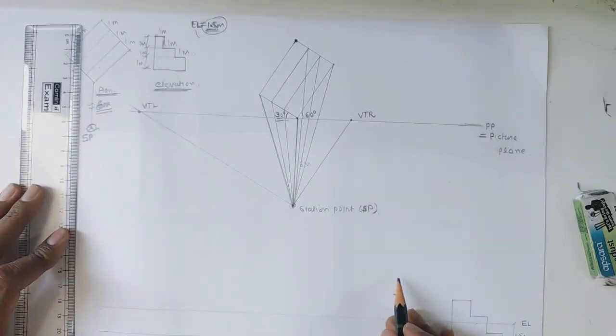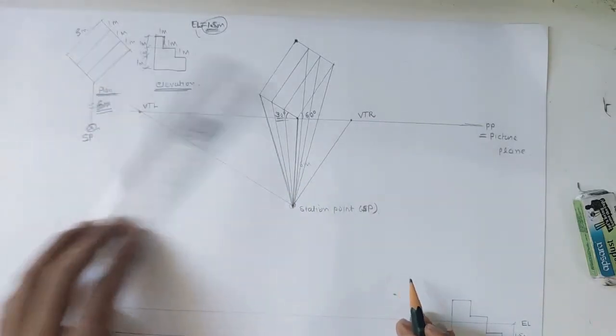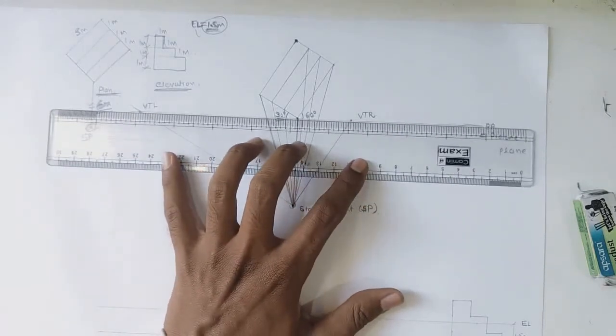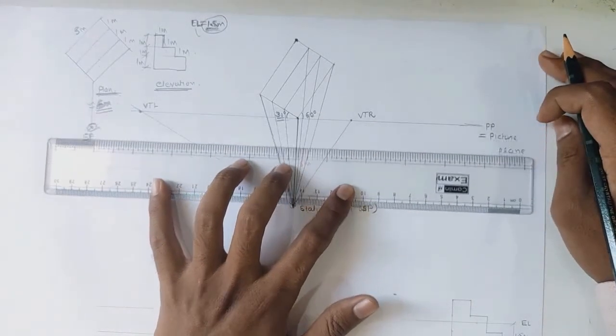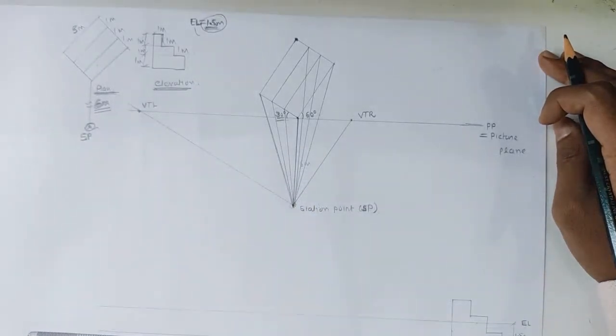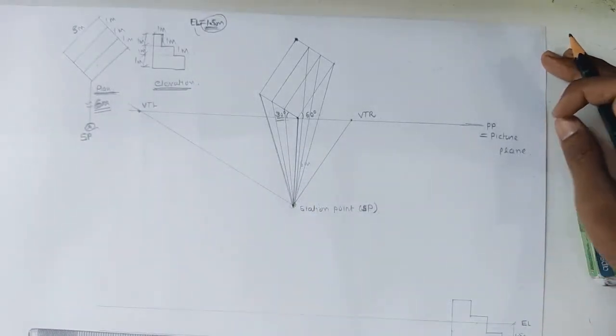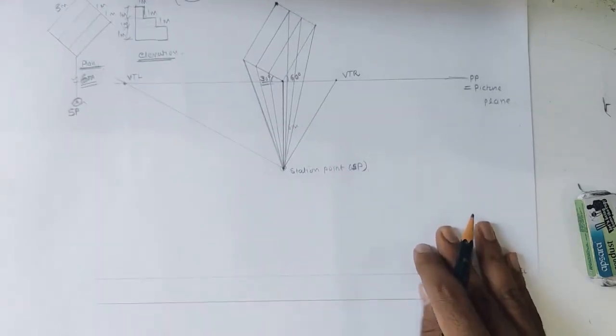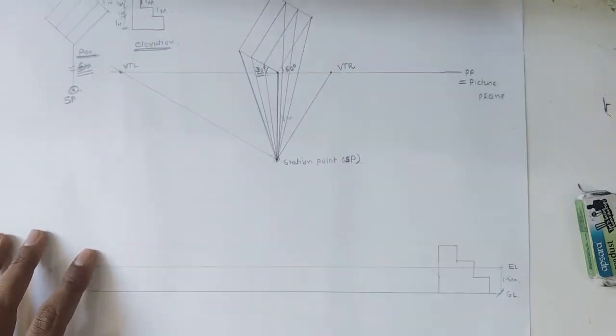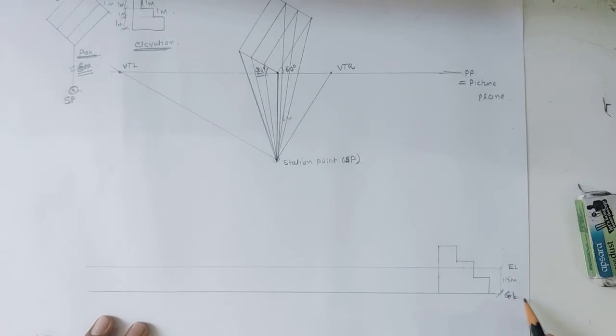Okay, the next step is you have to draw the ground line, which will be parallel to the picture plane at some specific distance. This distance will not be given, you just have to assume it. So, like this, join this. This is your ground line.